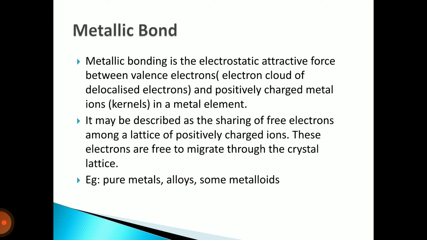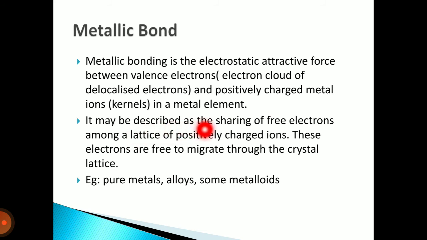Next type of bond is metallic bond. Metallic bonding is the electrostatic attractive force between valence electrons, that is electron cloud of delocalized electrons, and positively charged metal ions called as kernels in a metal element.